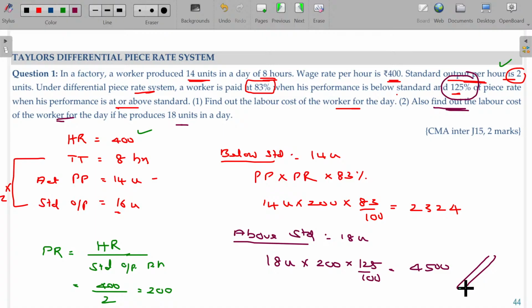These kinds of questions you may not expect at the CA level. CMA level also pretty rare, only carrying 2 marks. The comprehensive illustration type may be expected. So we'll see that in a subsequent lecture. Okay.